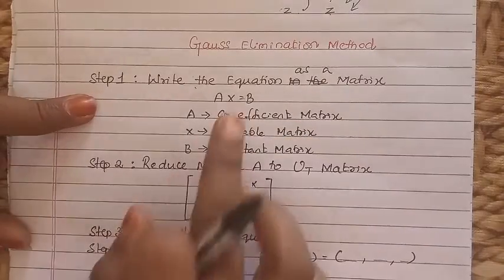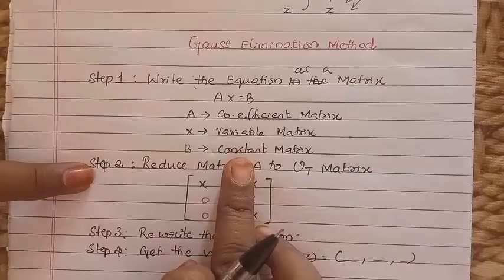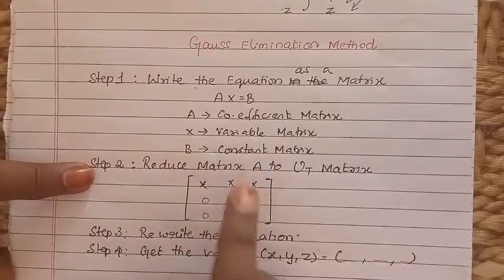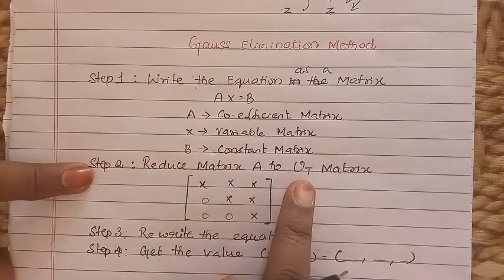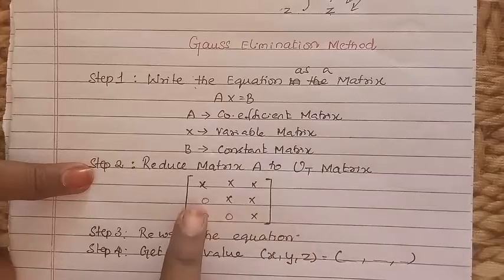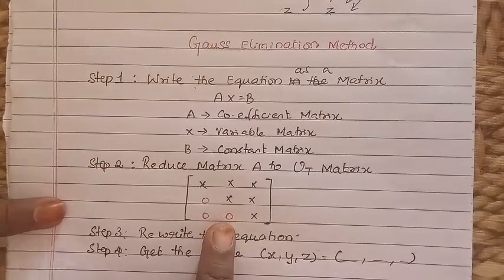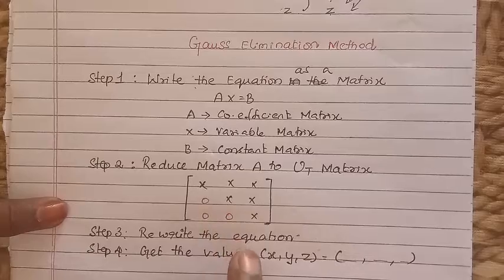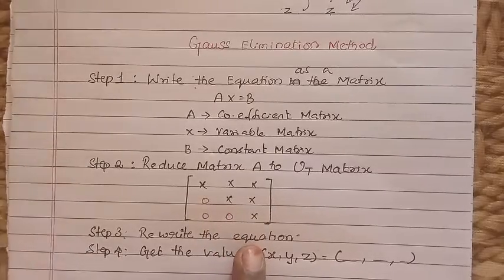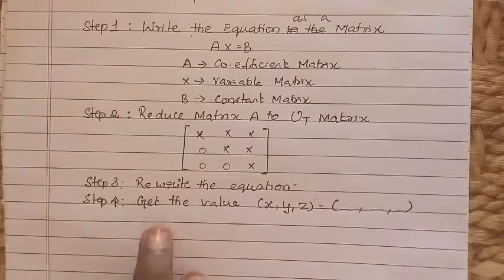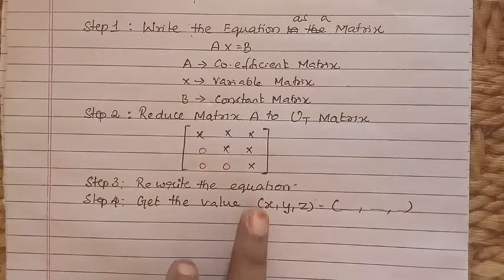After writing the equation in matrix format, we have to reduce the matrix A to an upper triangular matrix. Upper triangular matrix means the values below the diagonals will be 0. After reducing that, we have to rewrite this matrix in equation format, and from that we can get the values of x, y and z.